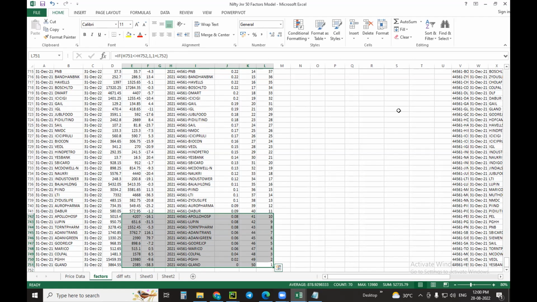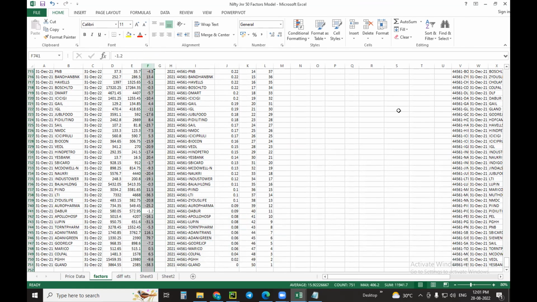So if you remove Gland, probably Dabur will come. Losses will come down a bit. Losses will reduce. You will do only average on F column. Select only F. Yeah.